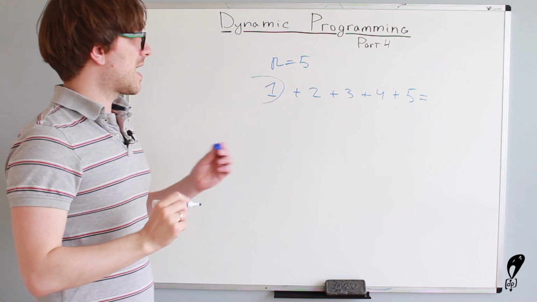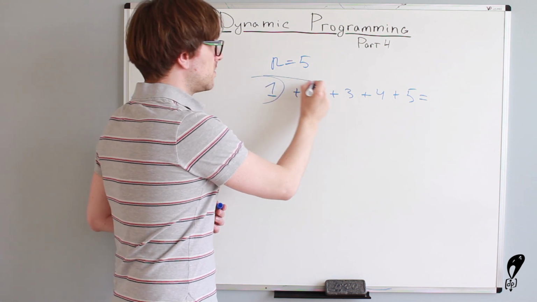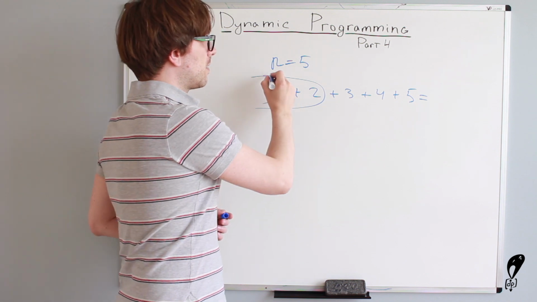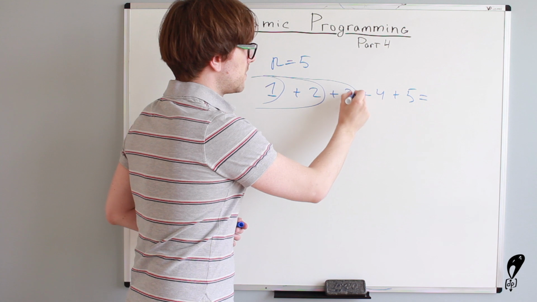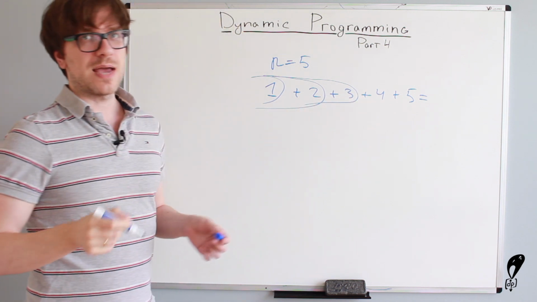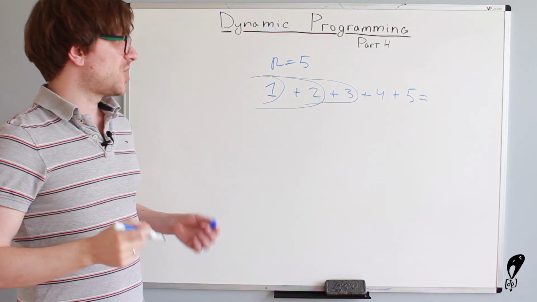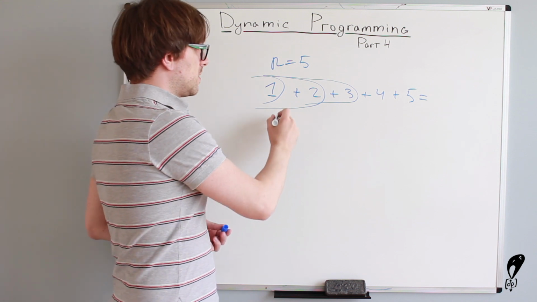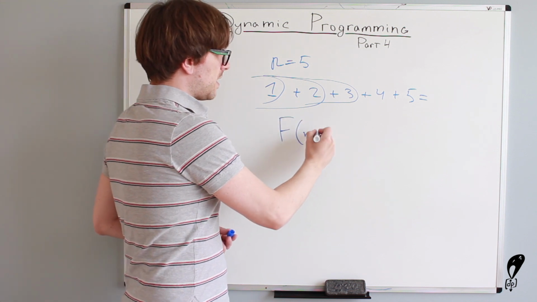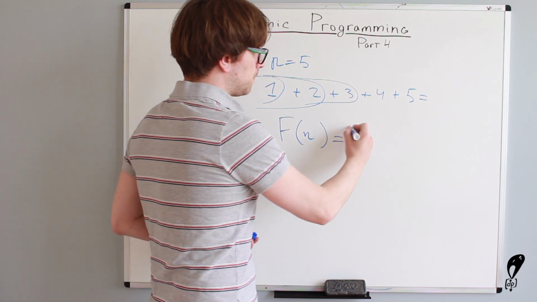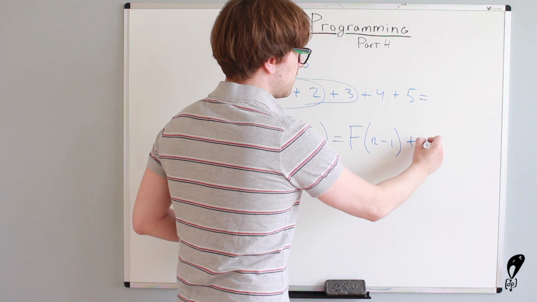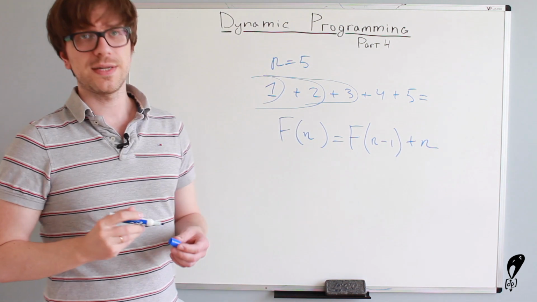Then we solved the problem when n equals 2. Then, knowing the result of 2, we solved the problem when n equals 3. And at some point in time, we were able to devise the general formula which would solve the problem for any given n. So the formula was f of n equals f of n minus 1 plus n, right?